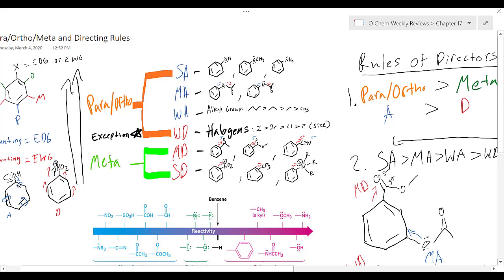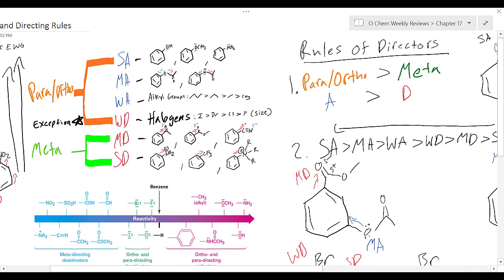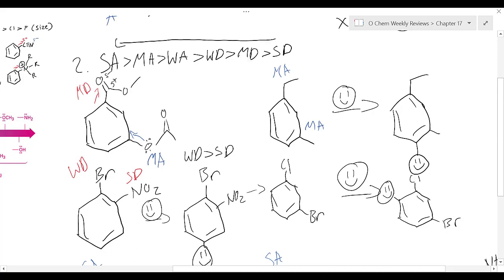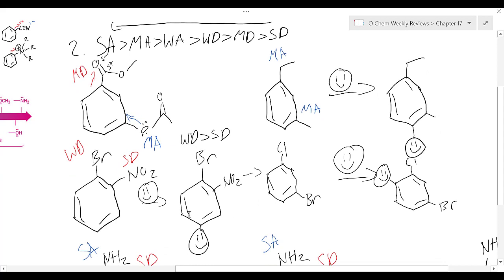Okay? So whatever's higher up takes priority. So in this case, weak deactivator is better than strong deactivator. So it's going to go para ortho to my bromine, which is why I added my substituent right here.